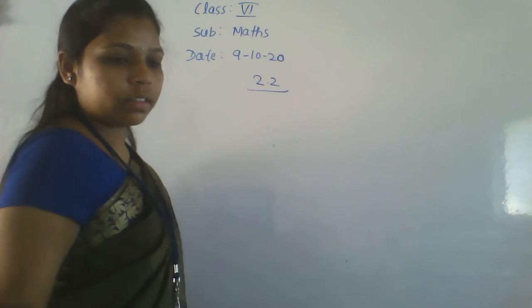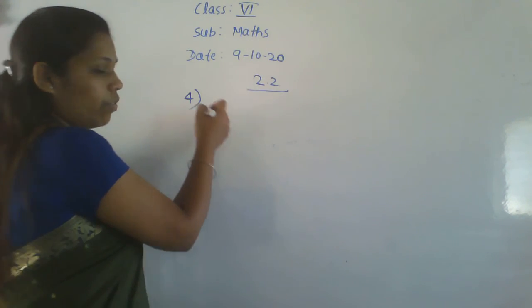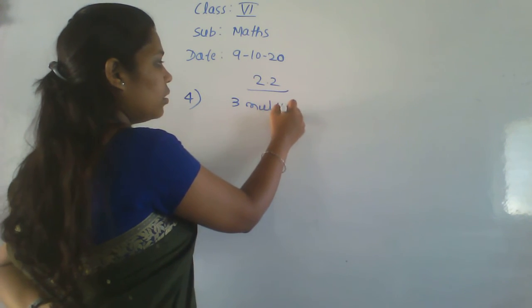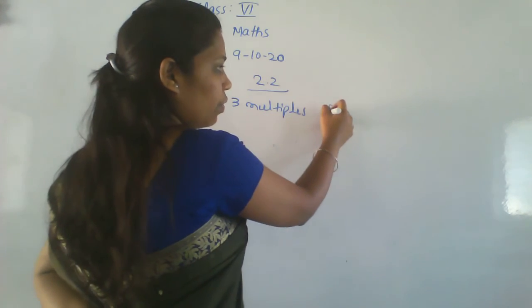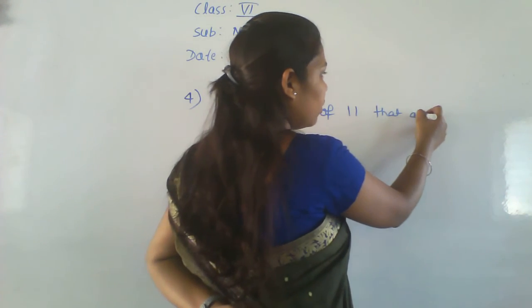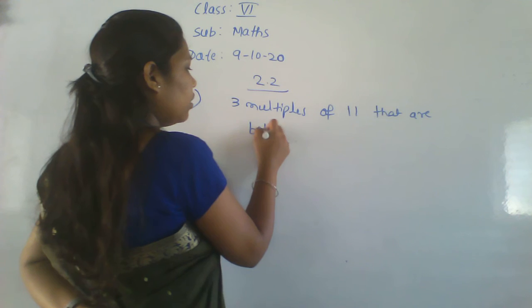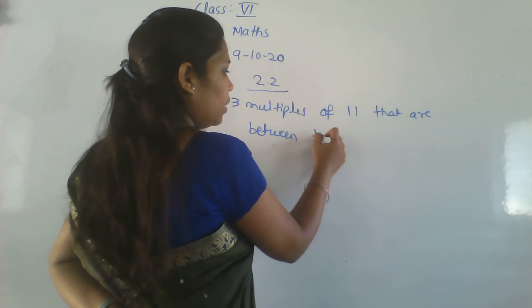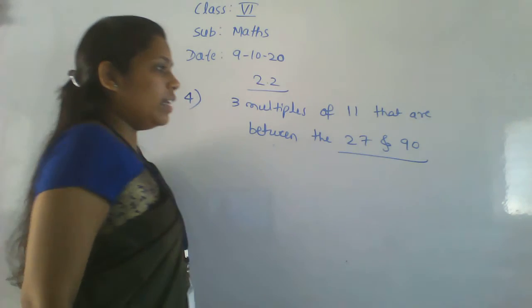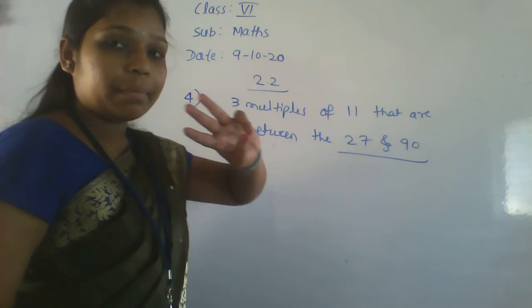Fourth main. Find the 3 multiples of 11 that are between 27 and 99. In between these two numbers, we have to find the 3 multiples.